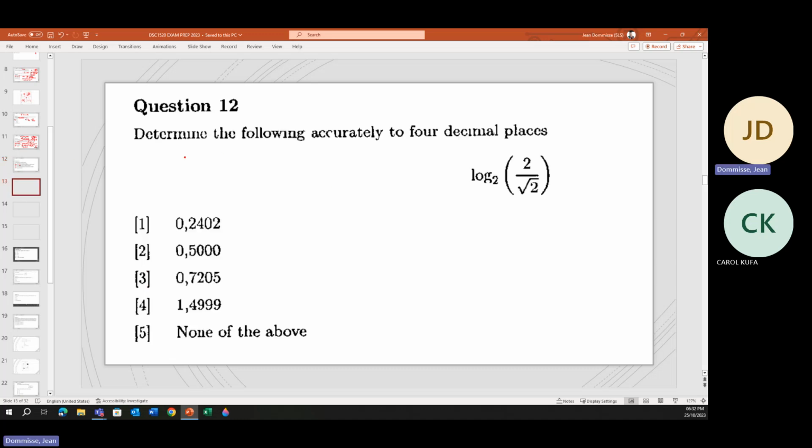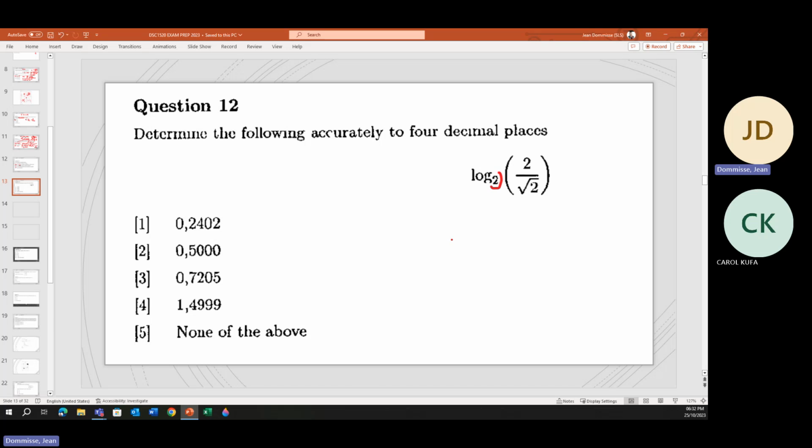Okay, now something totally different. A log question. I think what is important is to look at log base 2.